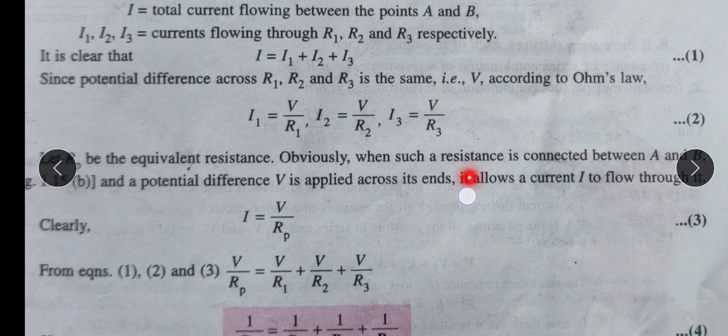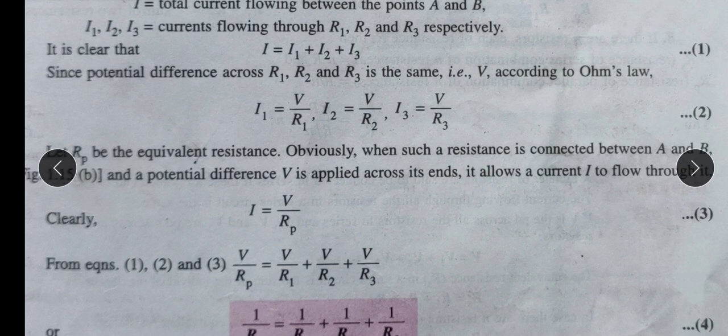Clear? Okay. From equations 1 and 2, we can write that V by Rp is equal to V by R1 plus V by R2 plus V by R3. Clear? V by Rp is equal to V by R1 plus V by R2 plus V by R3 from equation 1.